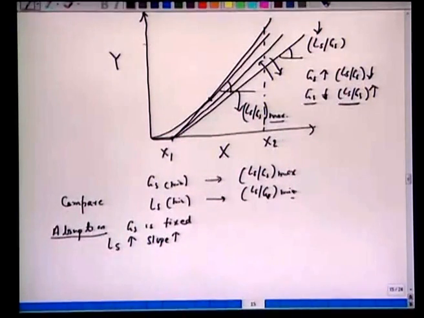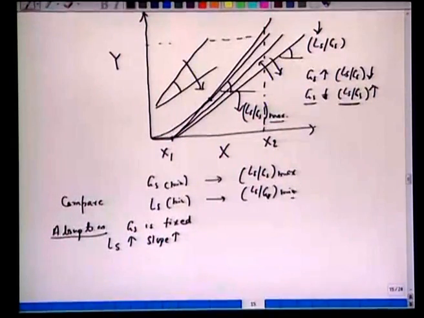Recall the previous situations where we had movement of LS by GS like this or like this. Here the GS amount was fixed. So if we increase LS by GS, the curve will move in this direction. If LS increases, slope increases.